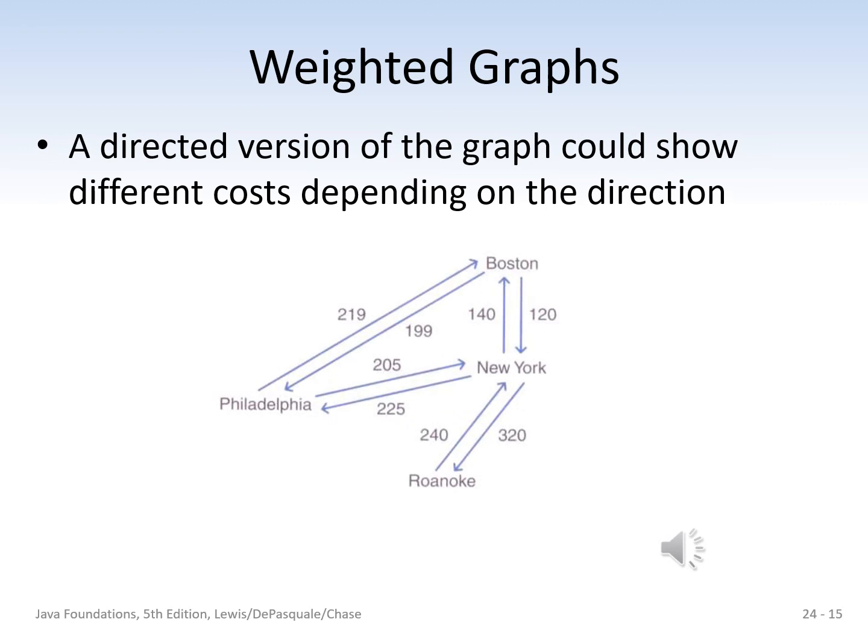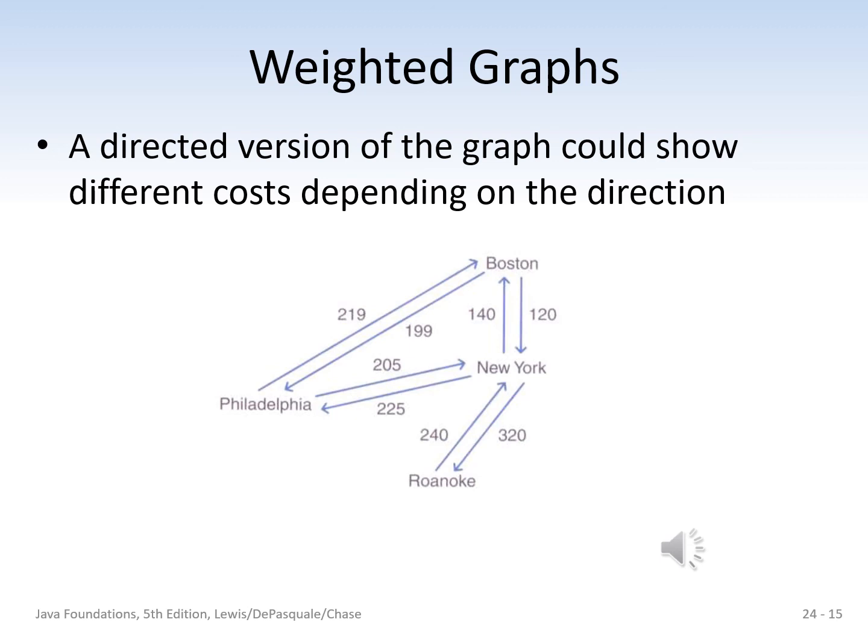Now, obviously, the previous example was an undirected graph in which the paths were multi-directional, but here's a directed version of the same graph that could potentially show different costs depending on the direction. So I guess from Philadelphia to Boston, it's more desirable, so they could charge more. That's 219.